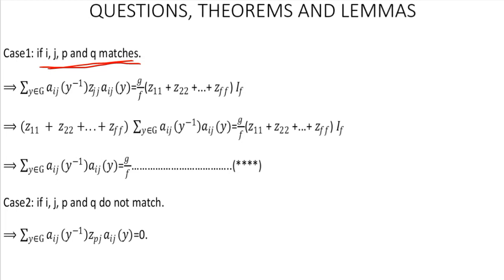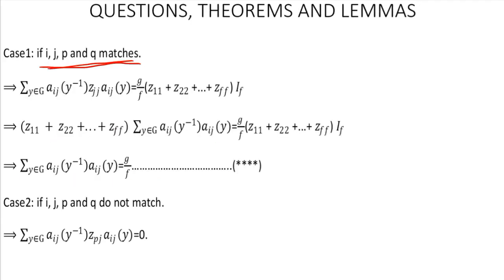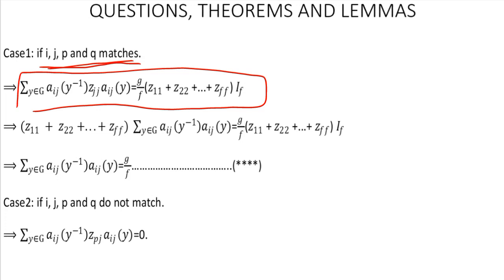So if they match, our equation, all of this is what I've brought forward here. The summation sign is over terms in y, right? And there's a z down here. Remember what z is.